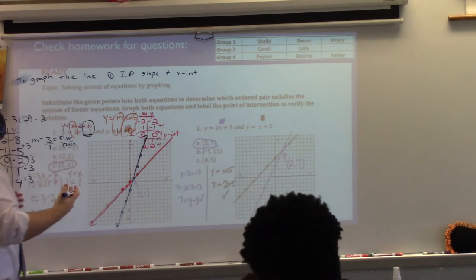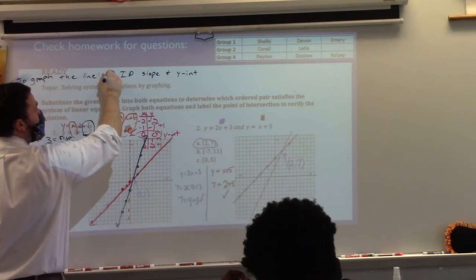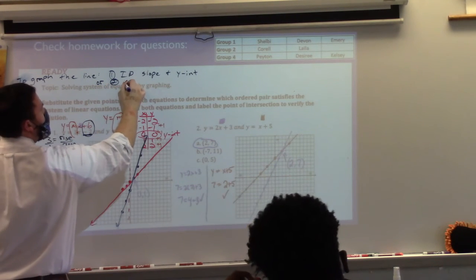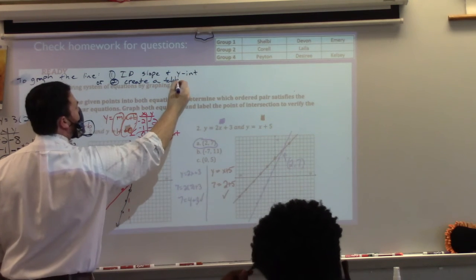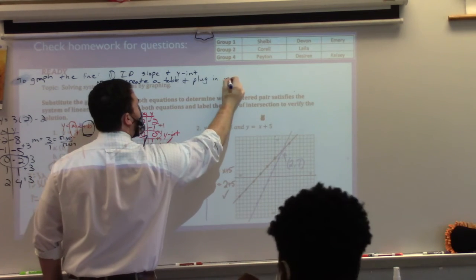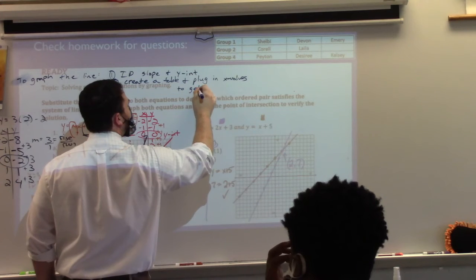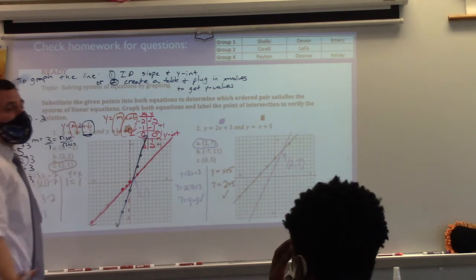You need to identify those two things in order to be able to graph the line. That's the quicker method, but is that the only way to do it? No. Or 2, create a table and plug in x values to get y values. That's it. That's all you have to do.